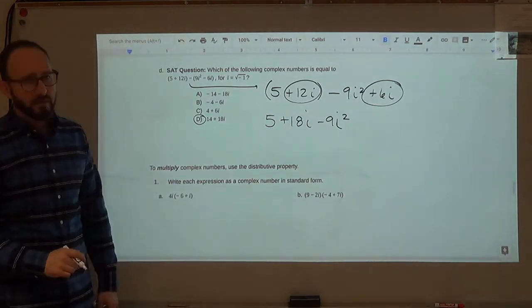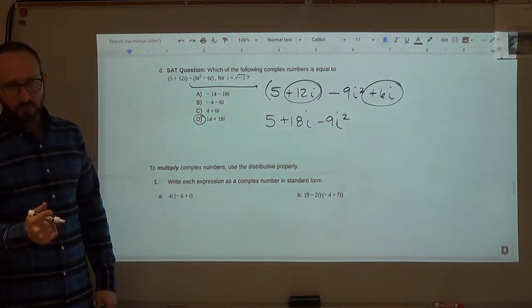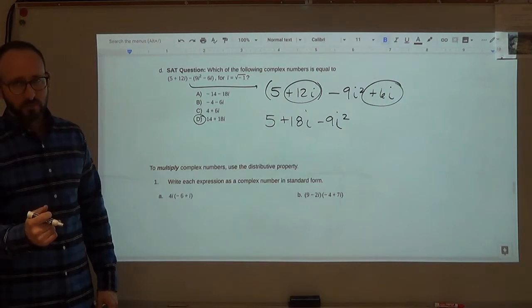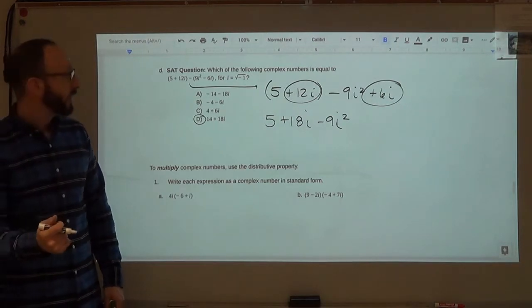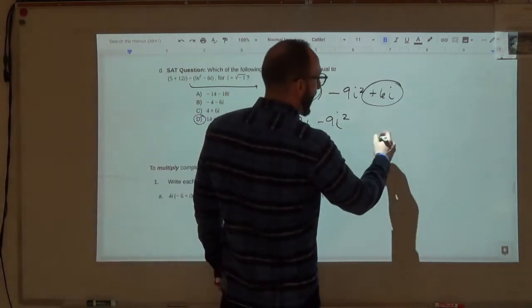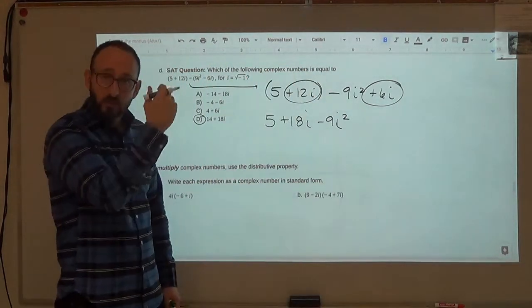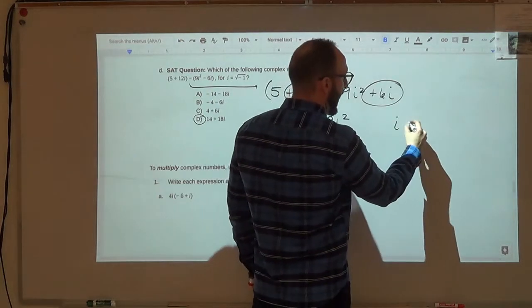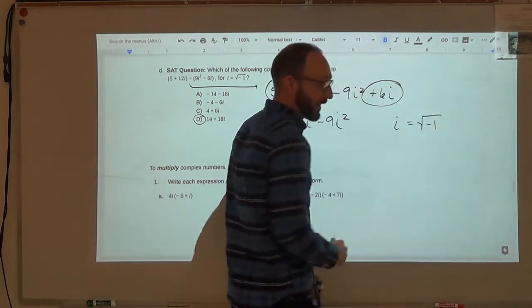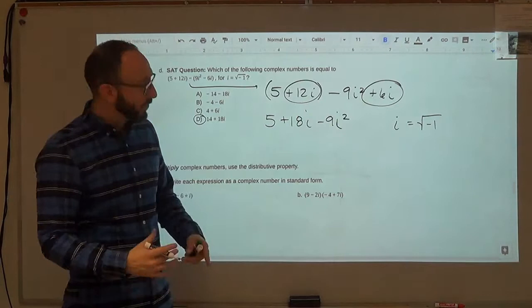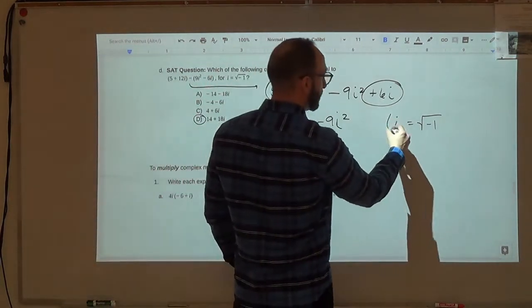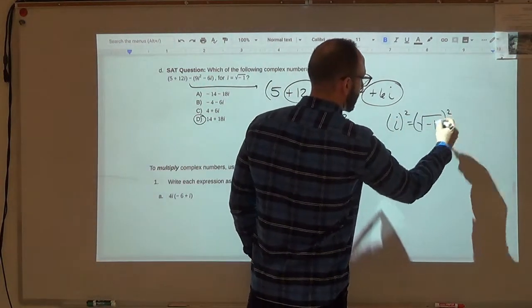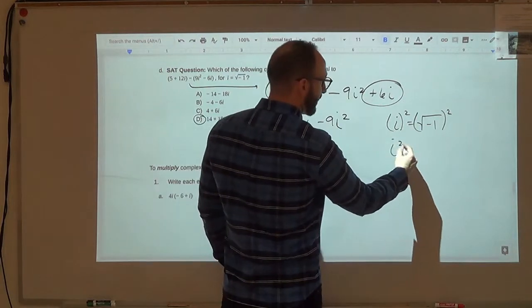What next? Gotta make the 9i squared into a real number. What would i squared be equal to? Negative 1. And for those of you who don't remember this from last time, i is equal to the square root of negative 1, correct? So if you were to square both sides, the left-hand side is i squared.